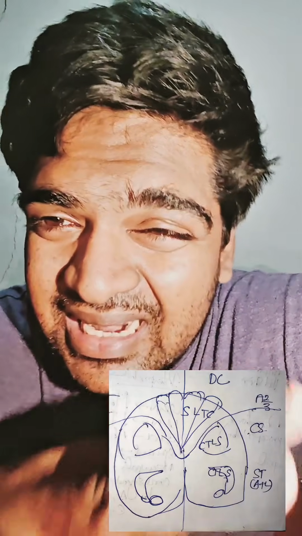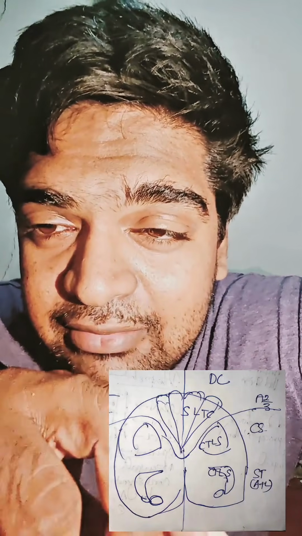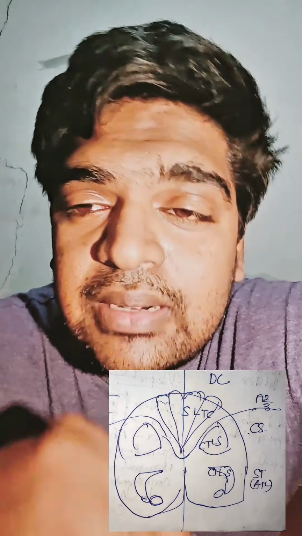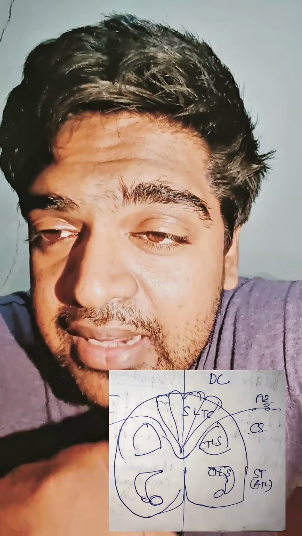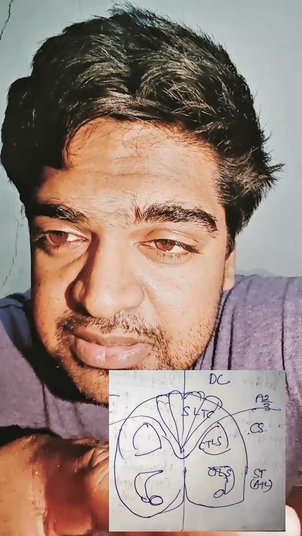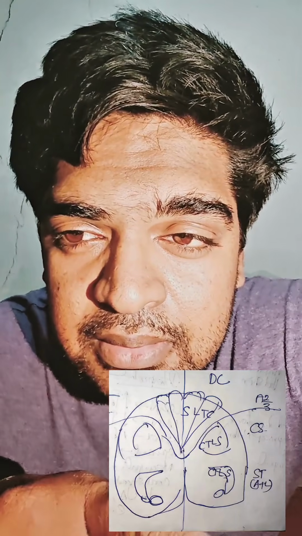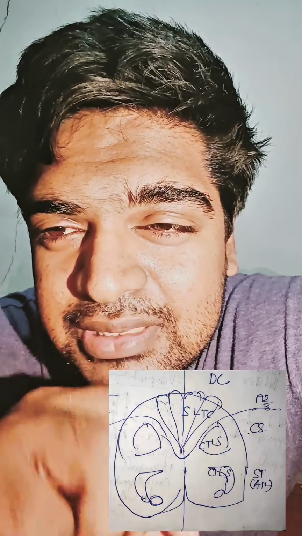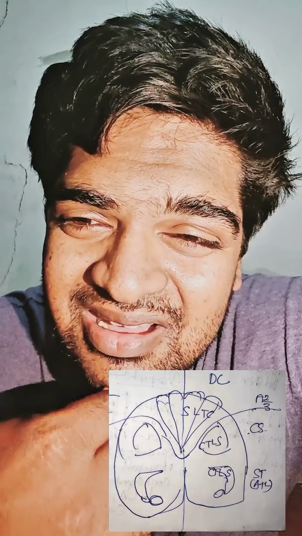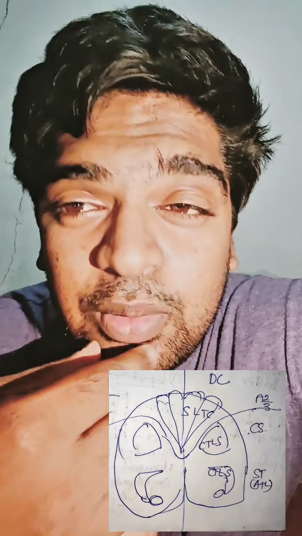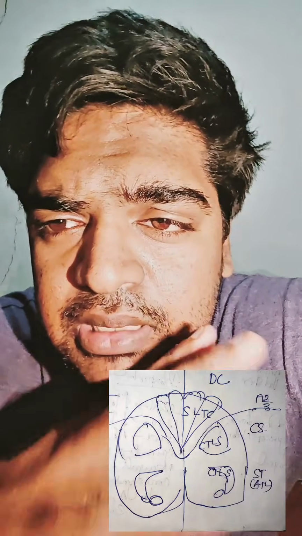A lower motor neuron sign can be there at the level, but usually below is upper motor neuron, with conus medullaris having mixed. Cauda equina would have lower motor neuron.